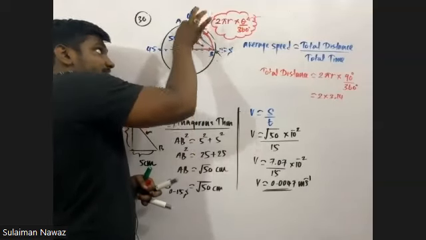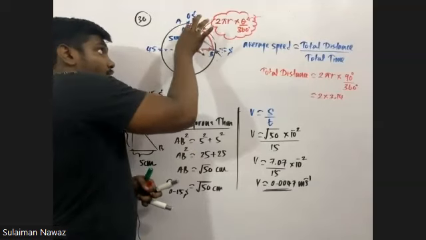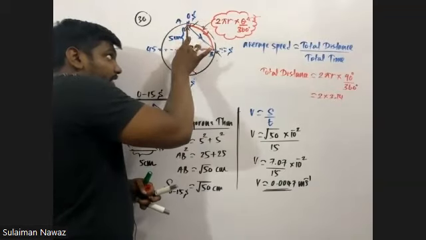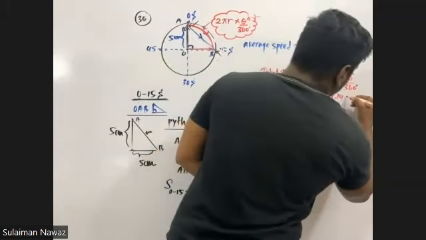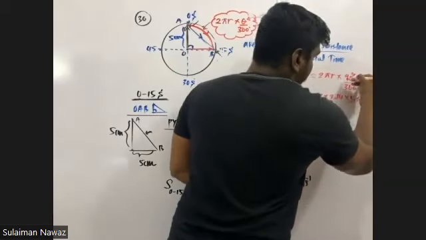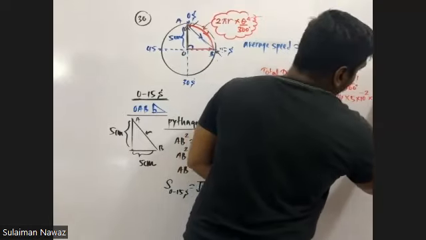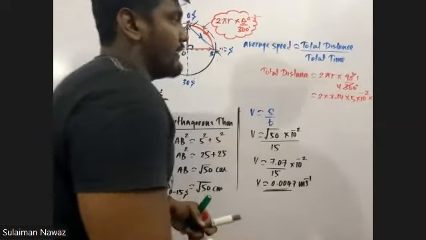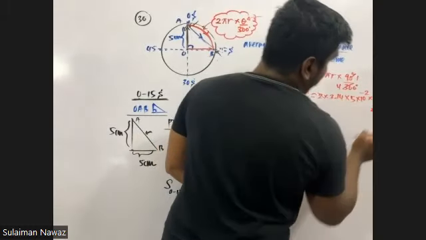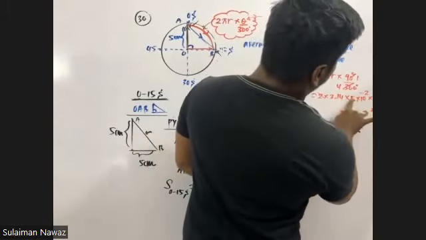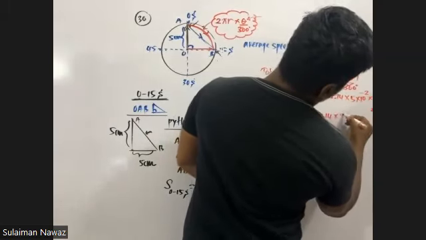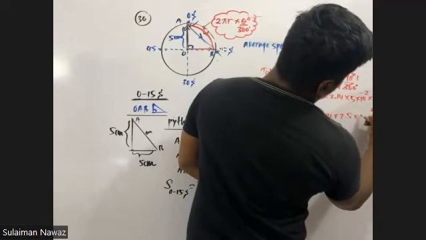Radius equals the length of the second hand, which is 5 centimeters. Converting 5 centimeters to meters, 5 times 10 to the power minus 2, and 90 over 360 is 1 over 4. The 2 gets cancelled out, and 5 divided by 2 is 2.5, so the distance is 3.14 times 2.5 times 10 to the power minus 2.